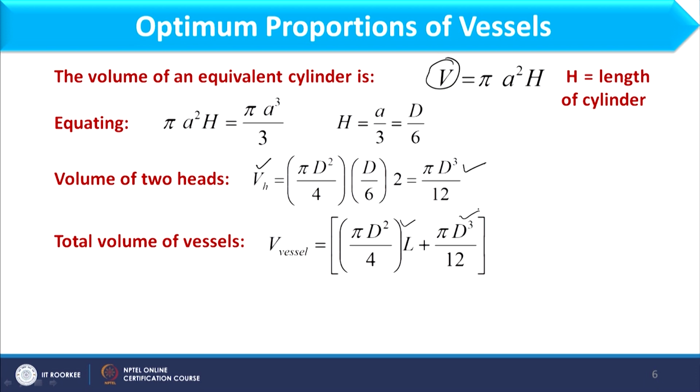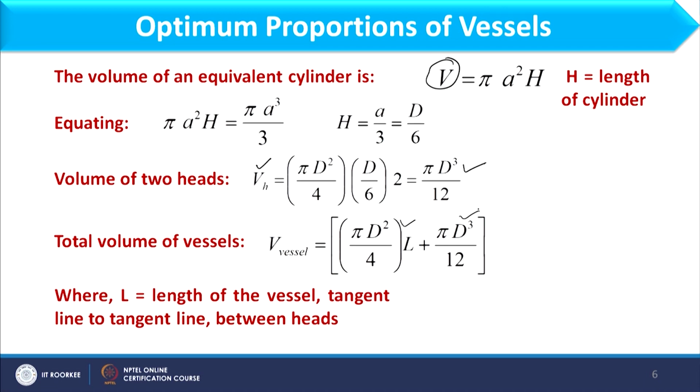So, in this way the total volume of the vessel we can write, where L is the length of the vessel, that is tangent line to tangent line between heads. Now what is tangent to tangent length? If I am considering a cylindrical vessel and domed heads are kept over this, what happens when domed heads are placed over the cylinder is that it prepares a tangent.